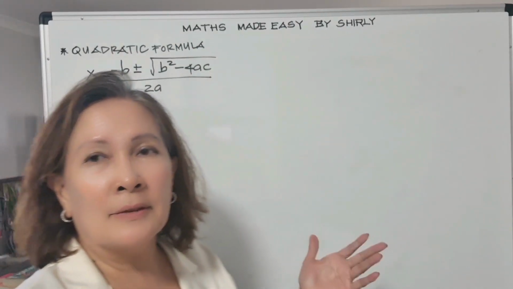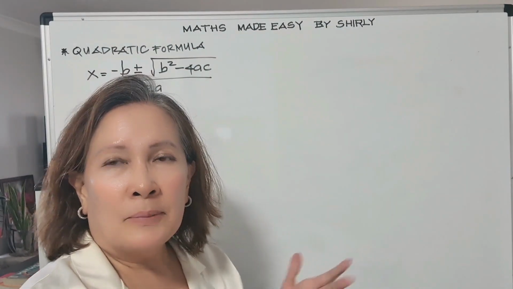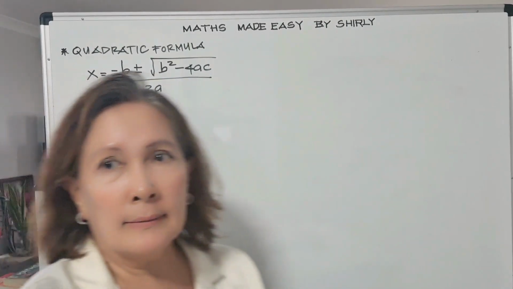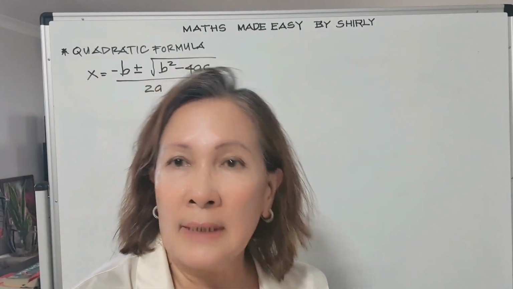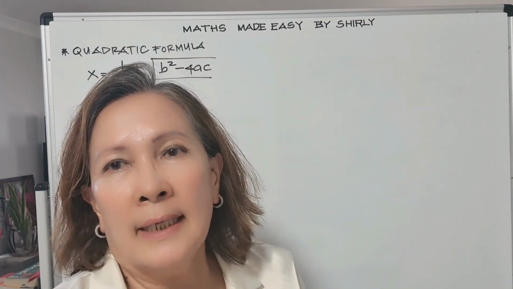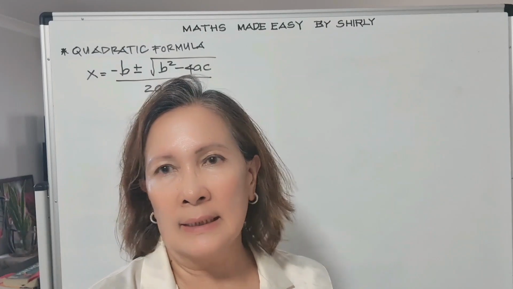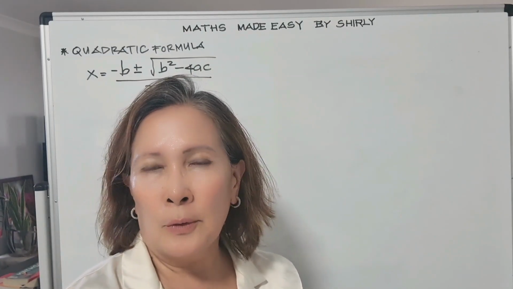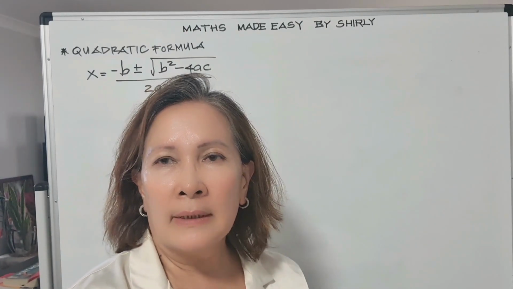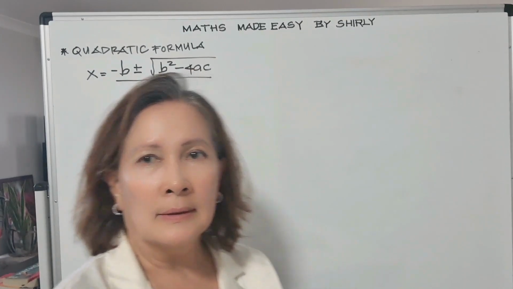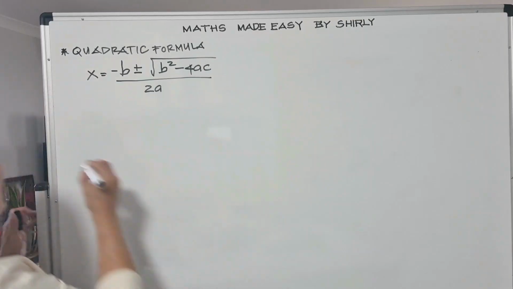This time we will continue my presentation with the quadratic formula applied in quadratic equations. And I'll be presenting to you two different cases where it will show you that the quadratic formula can still be applicable. Okay, let me start.